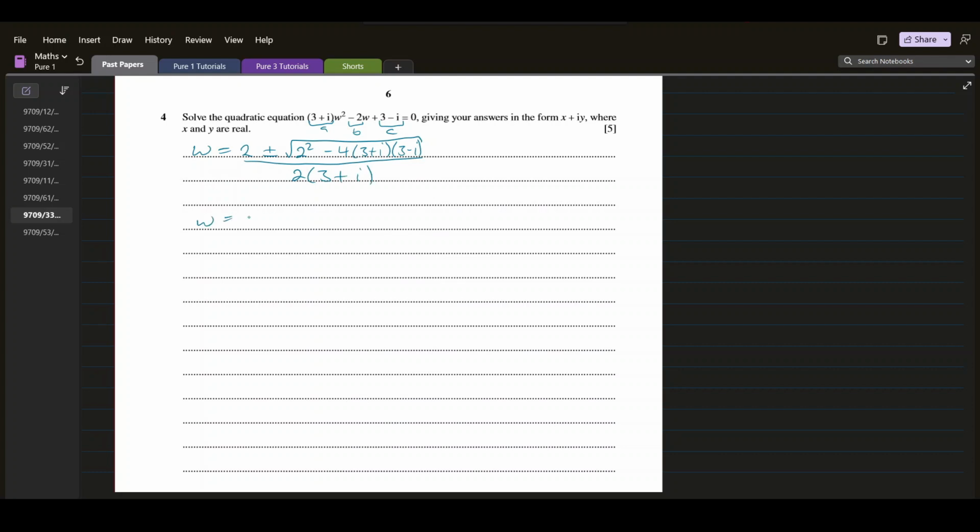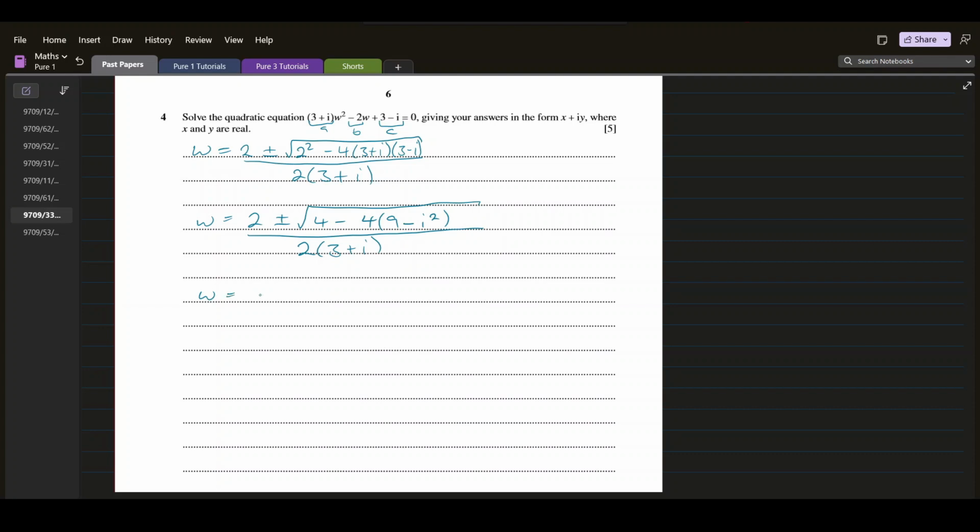So w is equal to 2 plus or minus the square root of 2 squared is 4 minus 4. Then 3 plus i times 3 minus i is a difference of 2 squares. So that's 9 minus i squared. And this is all over, let's not expand our denominator yet. It might prove useful in the future.